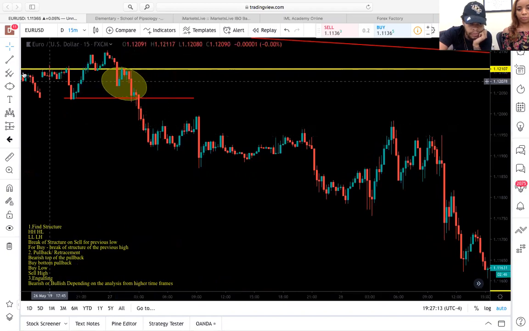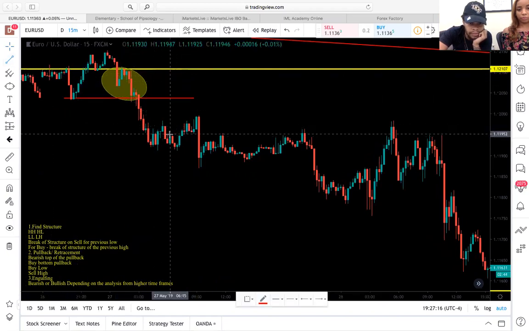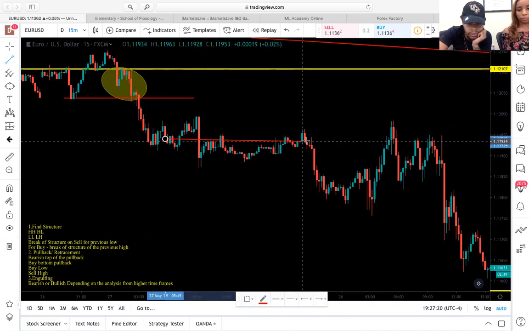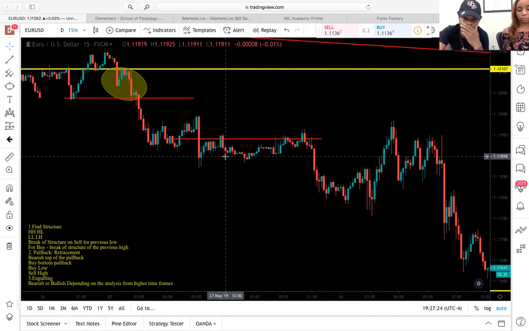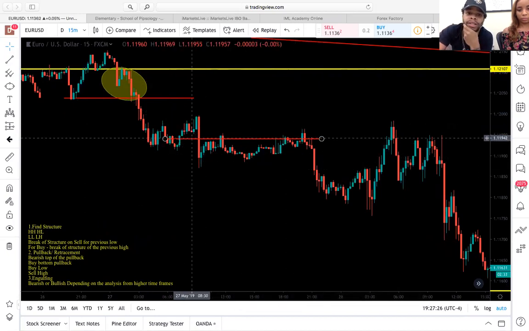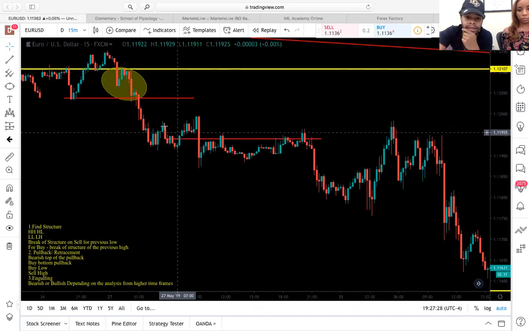So your entry is after this candle. And as you can see, this is gonna be a sniper entry because you're not in the reds for that long.